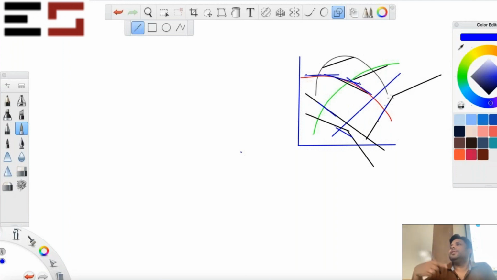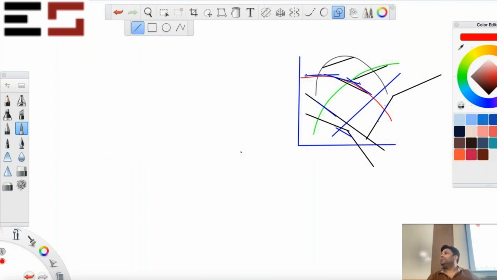Not in absolute terms, but in actual terms, the slope of these tangents is falling. Here it was close to 0, then it became, let's say, minus half, then minus 1. So these numbers are falling. Minus 1 is smaller than minus half, minus 2 is smaller than minus 1, and so on and so forth.